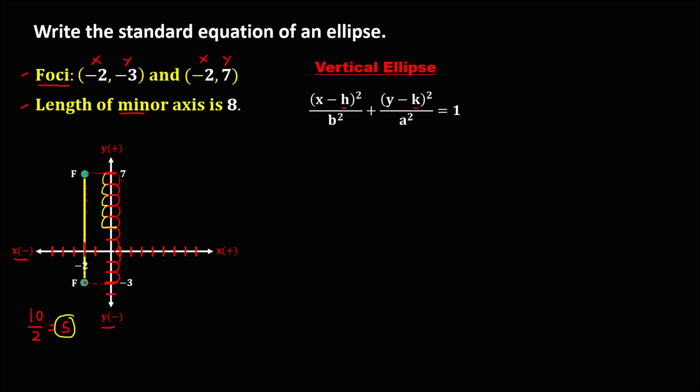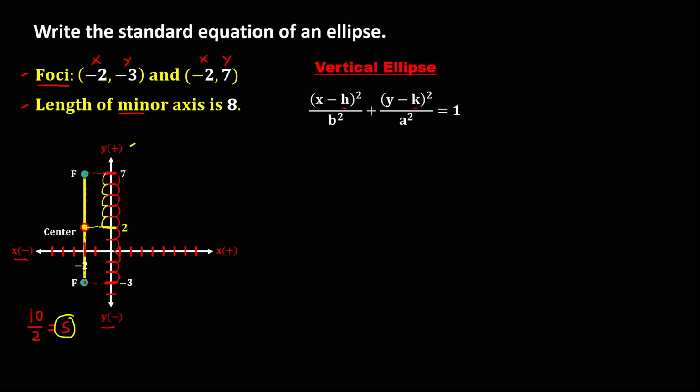And this is now the point of the center, and this point is on positive y. So this is positive 2. Then the center must be aligned to the foci. So therefore, this is now the point of the center.